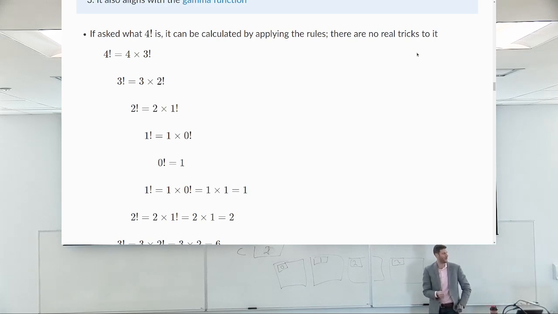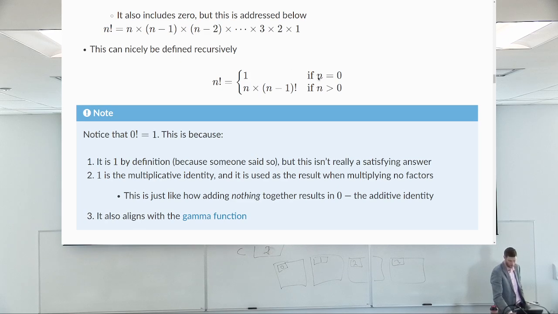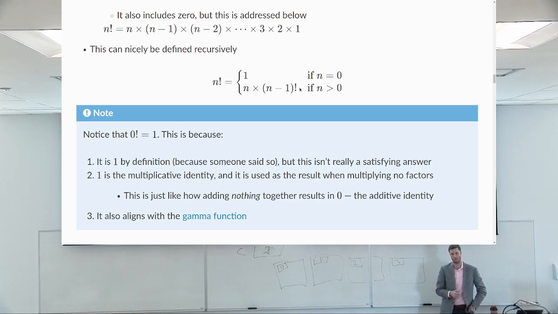Well, 4 factorial, by that recursive definition, which if you forgot is right here, is either 1 if n is 0, or n times (n minus 1) factorial. So if I ask you what 4 factorial is, n is 4. Which of these two applies, the first or the second?